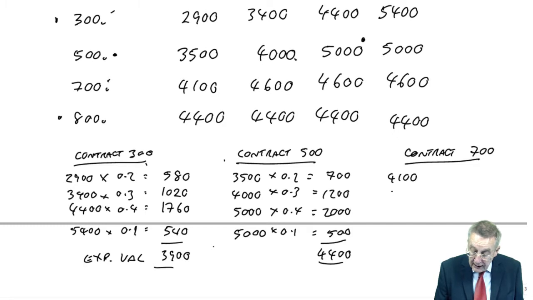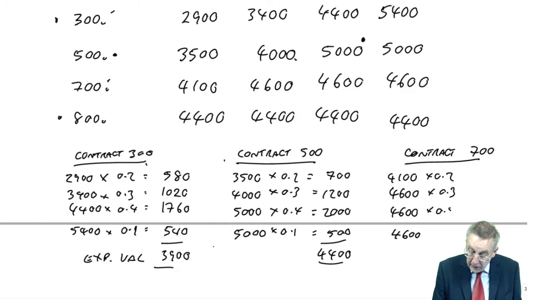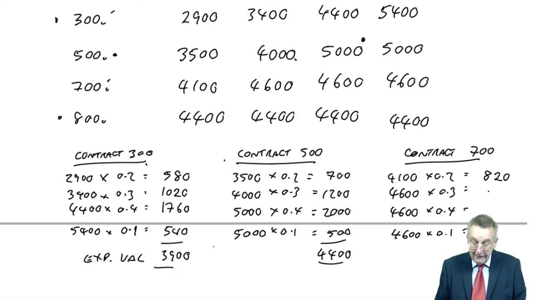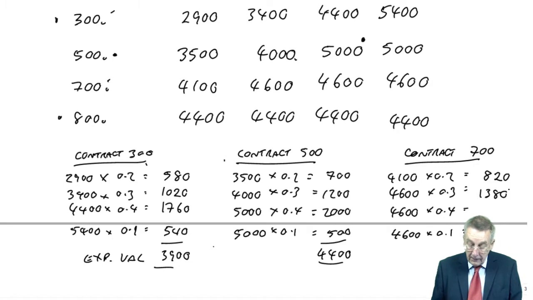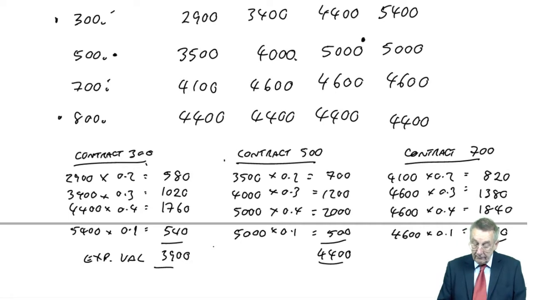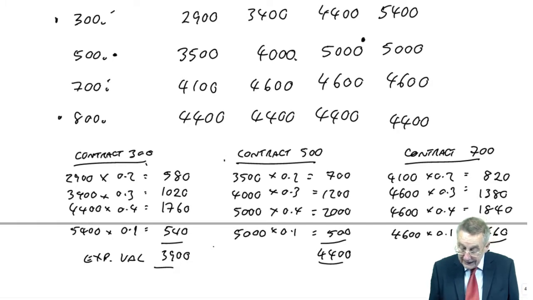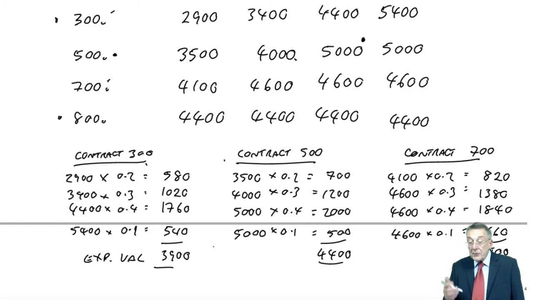What happens if we contract 700? It's 4,100, 4,600, 4,600, 4,600, with 0.2, 0.3, 0.4, giving 820, 1,380, 1,840, for a total of 4,500. In fact, you may have realised, I hope you did, I could have saved a few seconds there.